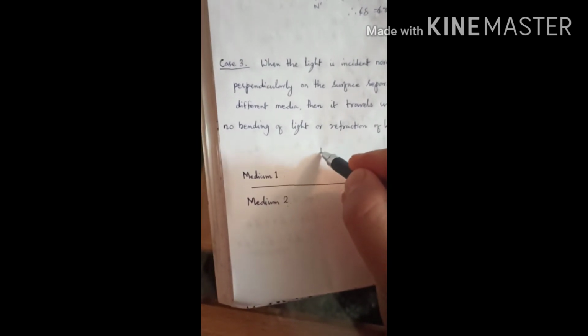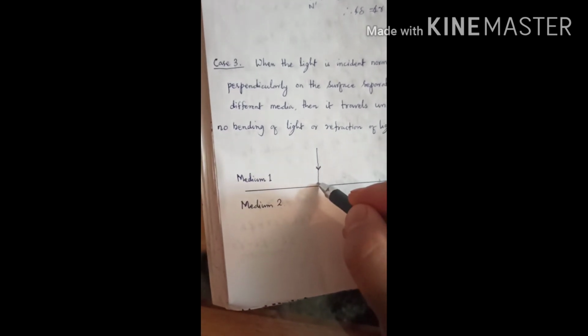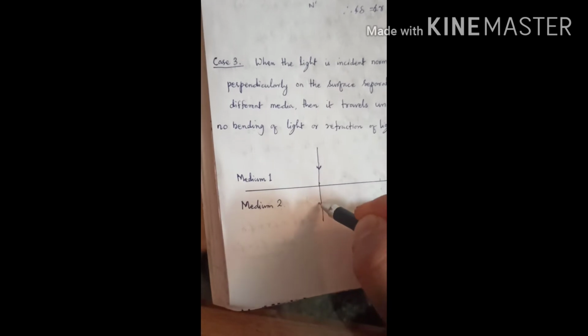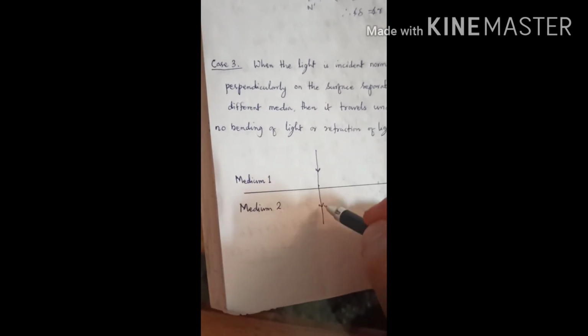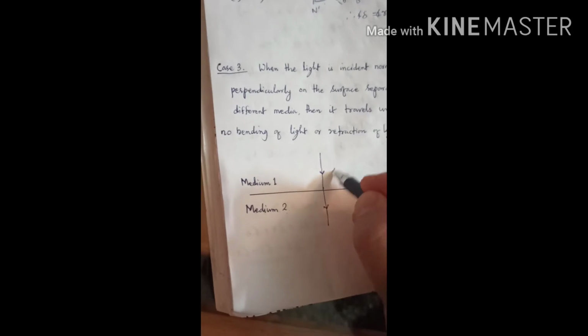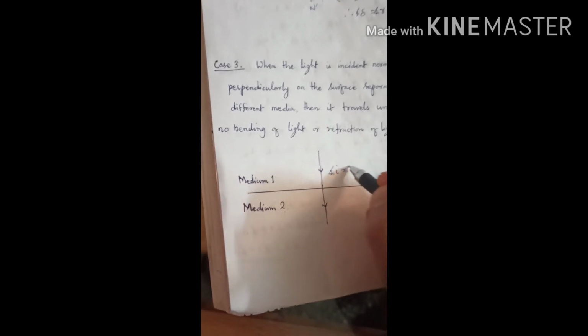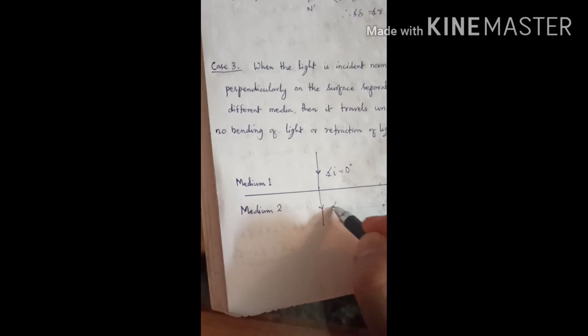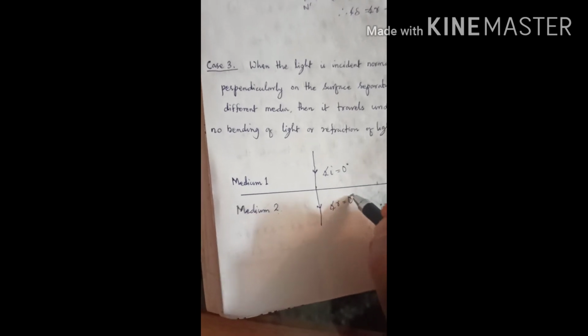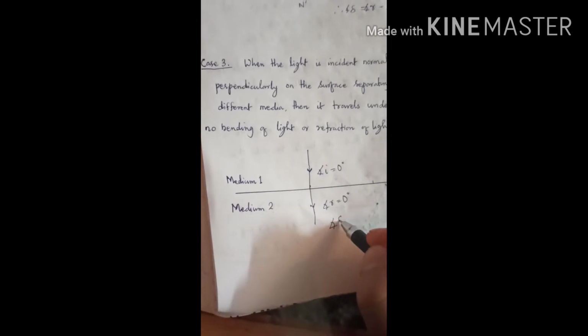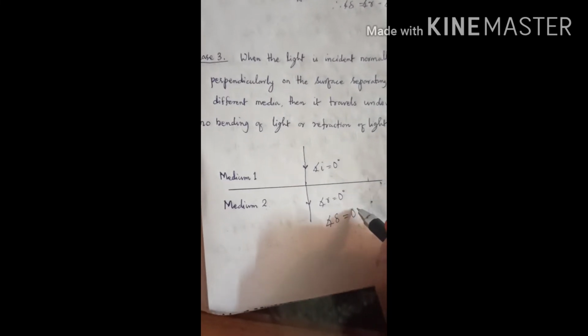If the light is incident normally, then light passes without any deviation and goes out straight. That means there is no bending of light, no refraction of light. So here the angle of incidence will be 0 degree, the angle of refraction is also 0 degree, and the angle of deviation, as there is no bending of light, is also 0 degree.